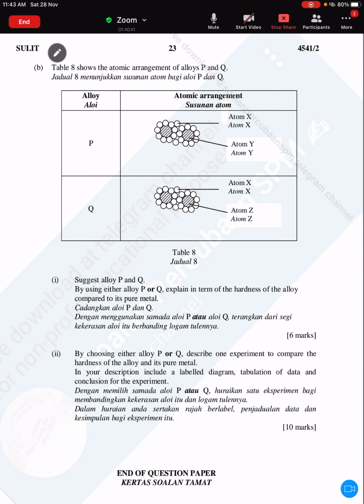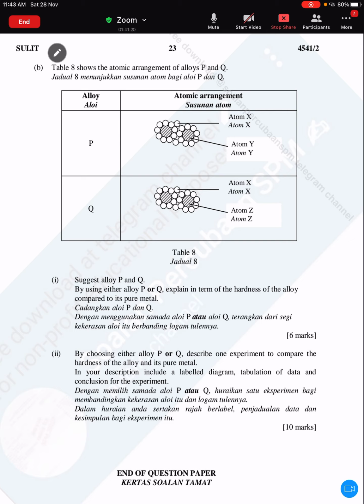Pure metals have certain disadvantages compared to alloys, such as being quite soft and easily undergoing rusting. Alloys are harder and do not rust as easily. Alloys might also have a better appearance than pure metals.